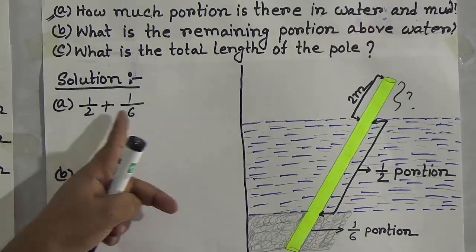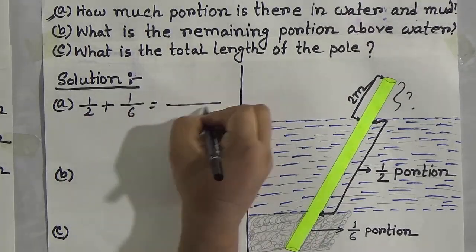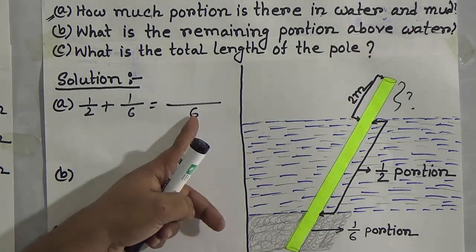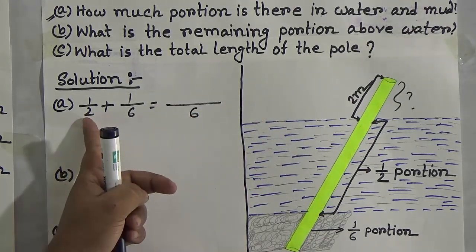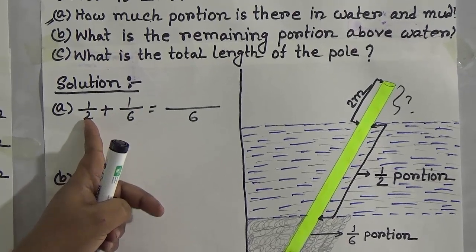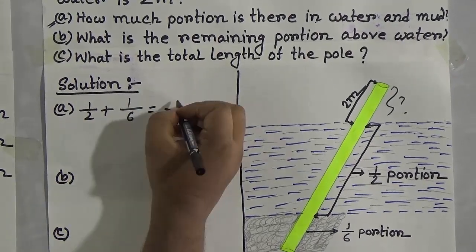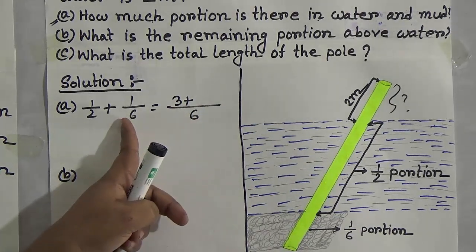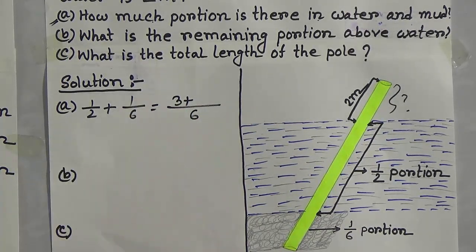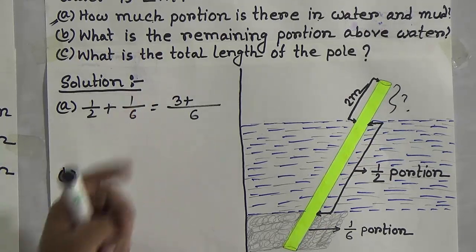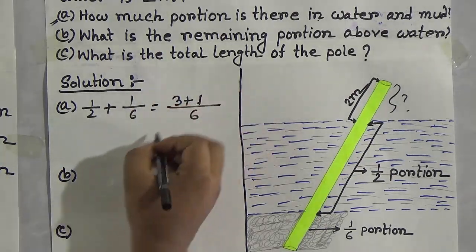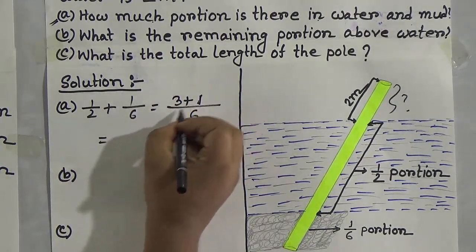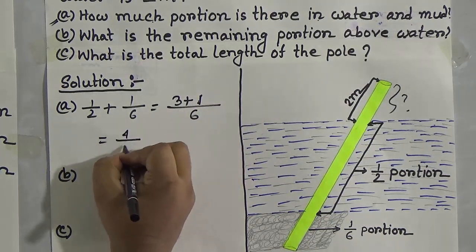The LCM of 2 and 6 is 6. Now we divide this 6 by 2 and we get 3. 3 is multiplied with this 1 and we get 3 ones are 3, plus 6 is divided by this 6 and we get 1. 1 is multiplied with this 1 and it will be 1 ones are 1. So we add 3 and 1, we get 4 by 6.